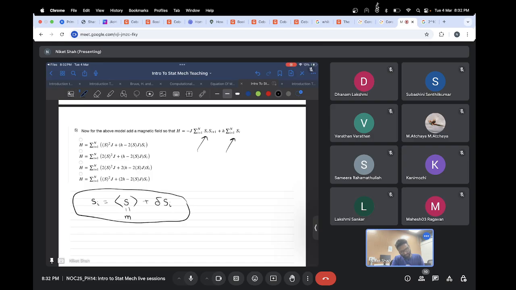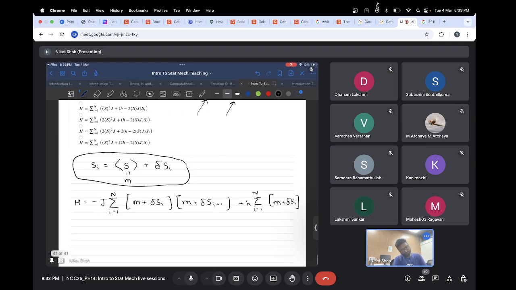So H is equal to minus J sum over i equals 1 to N of (M plus delta Si) and (M plus delta Si plus 1), plus H sum over i equals 1 to N of (M plus delta Si).